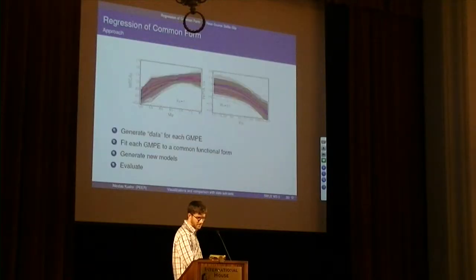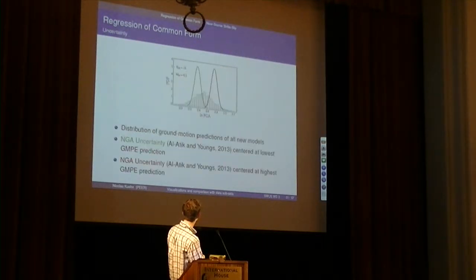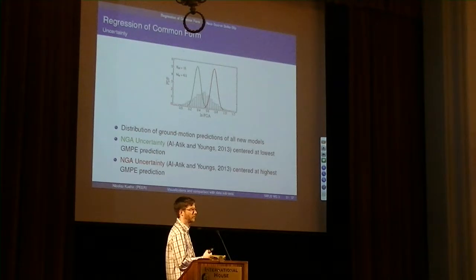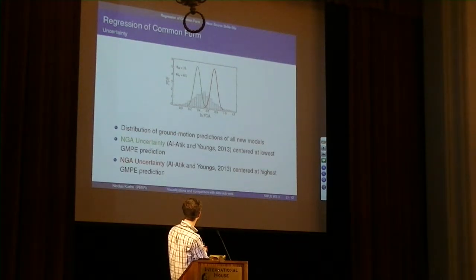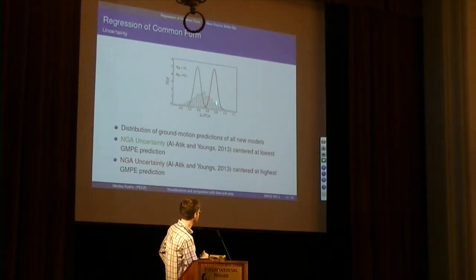Okay, let me go to this plot. This is a slice through here at 6.5. I should make this plot for some other ones, but basically the histogram is the distribution of the 1,000 ground motion predictions at magnitude 6.5 and Joyner-Boore distance of 15 kilometers. And these two normal distributions have the sigma of the NGA uncertainty model, and they are centered on the largest GMP and on the smallest GMP.